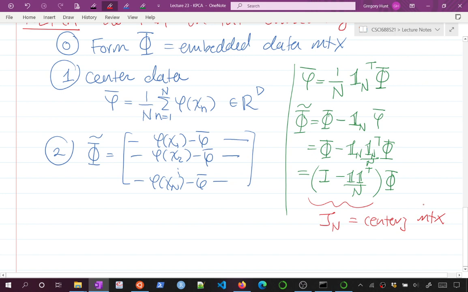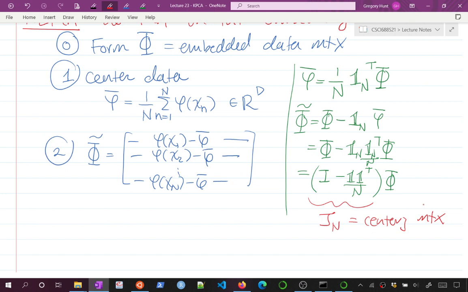It's a symmetric matrix, but it's an operator. So it turns out this whole centering thing, maybe not too surprising, is a linear operator. And so you could view this centering of each of my data points as a matrix multiplication by this J. And that's just a little bit of linear algebra to convince yourself you can write it that way.